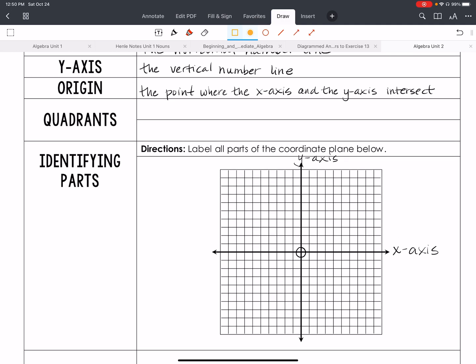Now, when you make these two number lines cross, they divide your graph paper up into 4 regions. We call those regions quadrants.